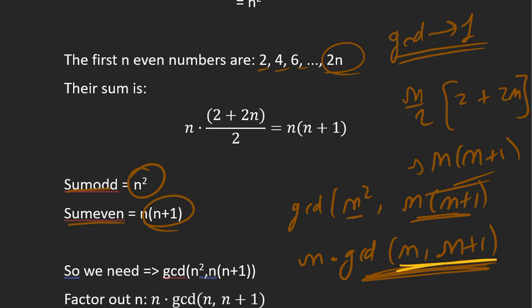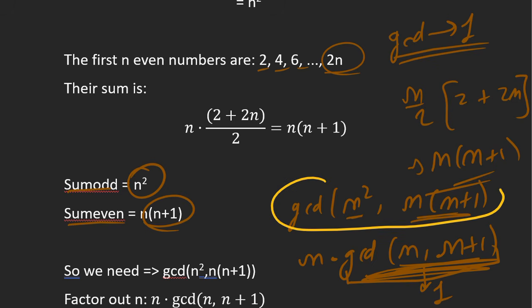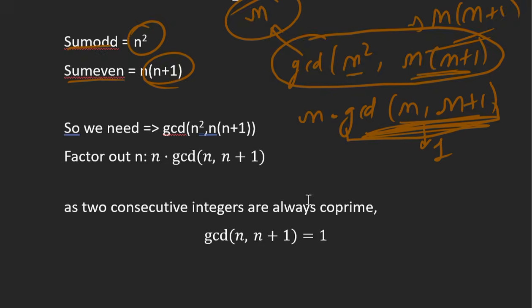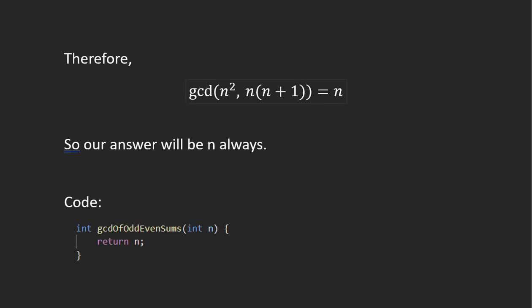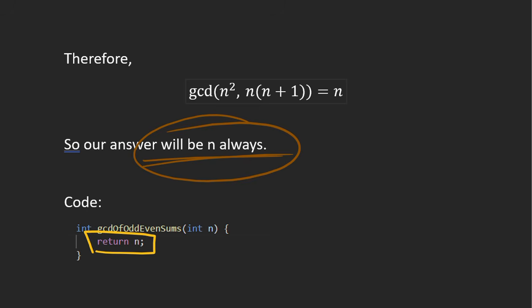As two consecutive numbers are co-prime, the GCD of n comma n plus 1 will be 1. So finally the GCD of n square comma n into n plus 1 will be n. So always our answer will be n. We just have to write one line, that is return n, and that is our code part.